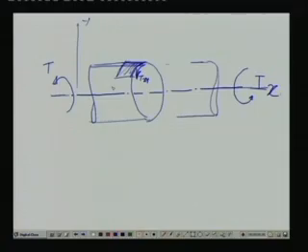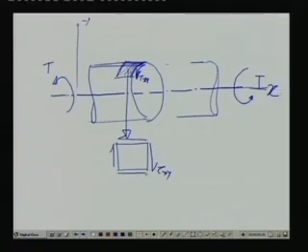So, this is one, and if we look at this view, then we have drawn this as tau x. So, you can immediately find out the other stresses.